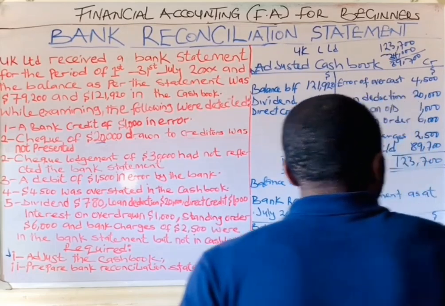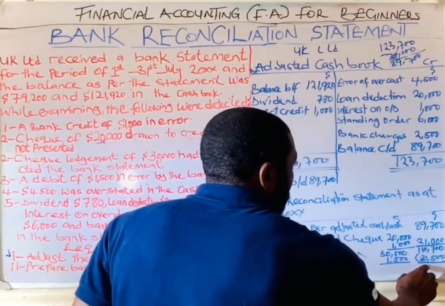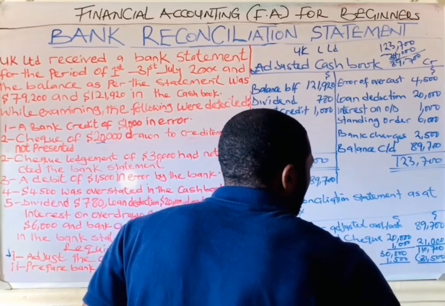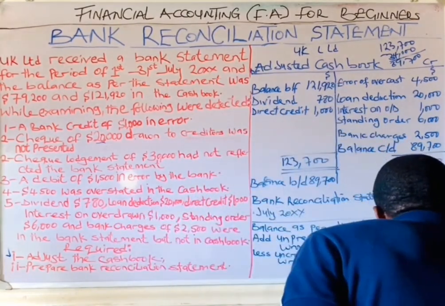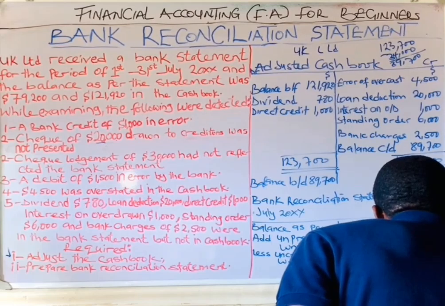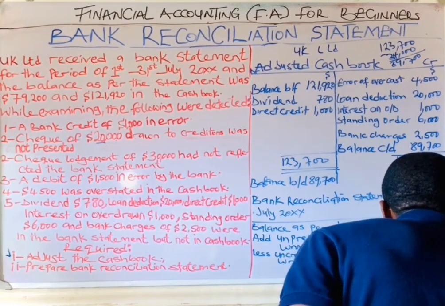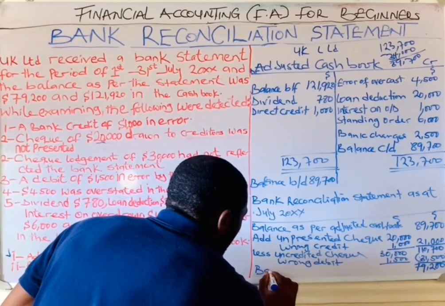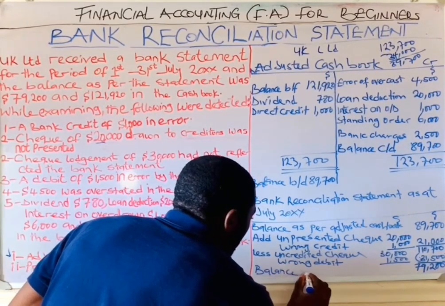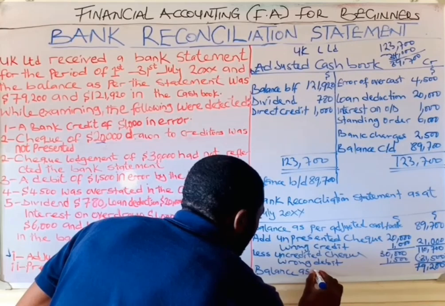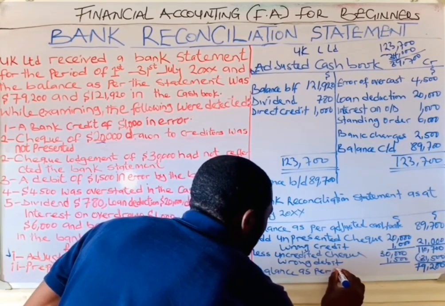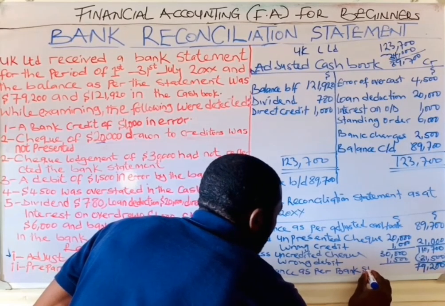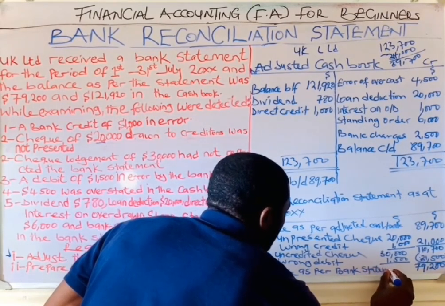So if you less your 31,500 from $110,700, you'll be left with $79,200, and it is our balance as per bank statement.